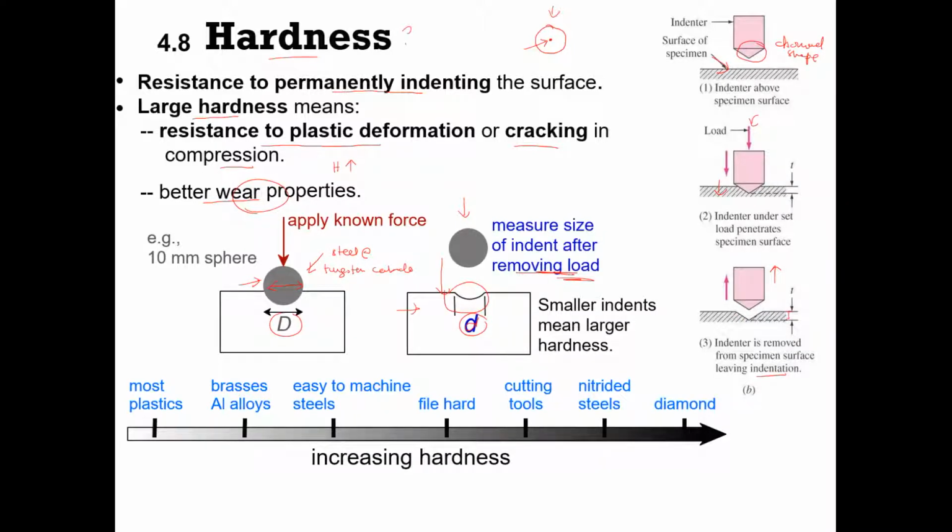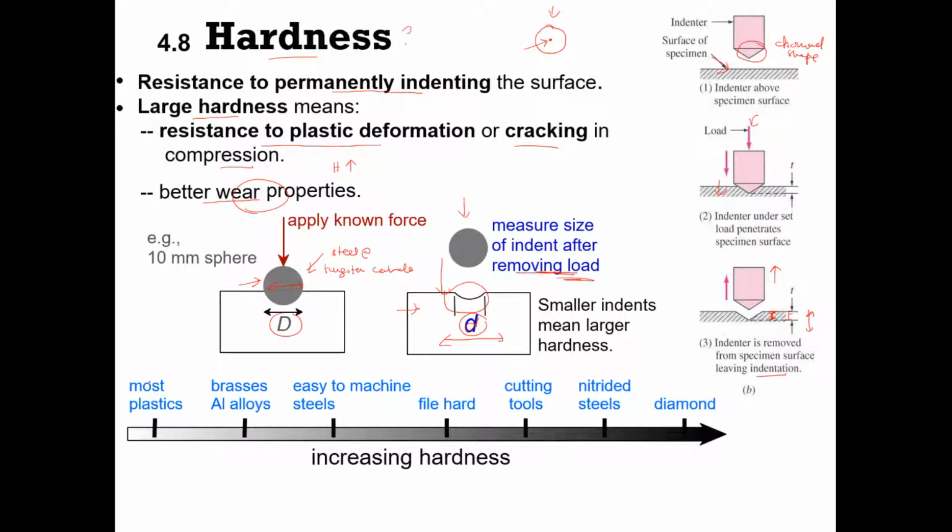This is the depth of the indentation, meaning that if the depth is higher, the material is softer. If it is only a small area, your material is quite hard. The same goes for the steel sphere indenter: if the d value is larger, your material is softer.